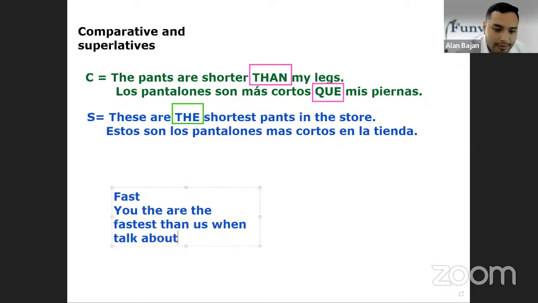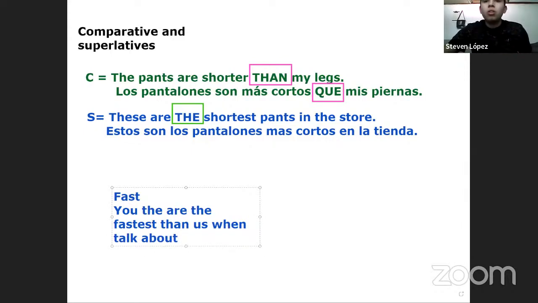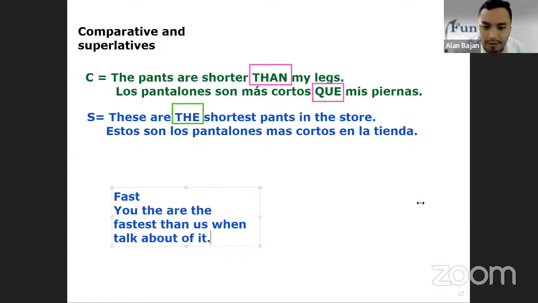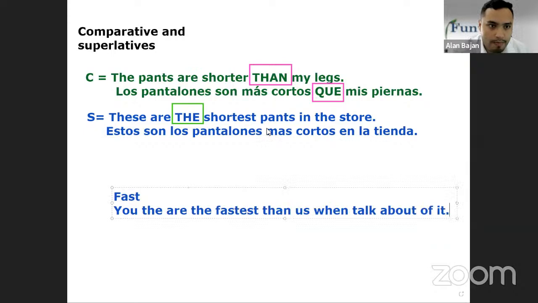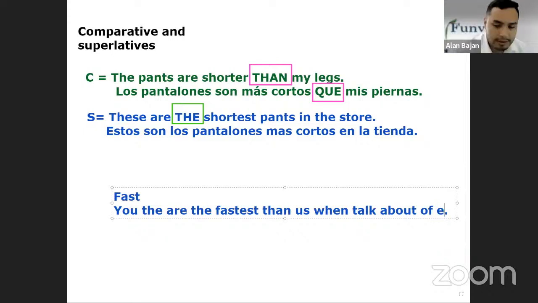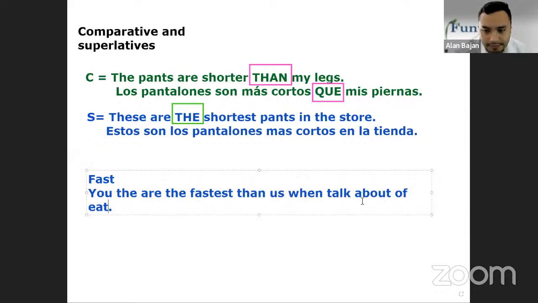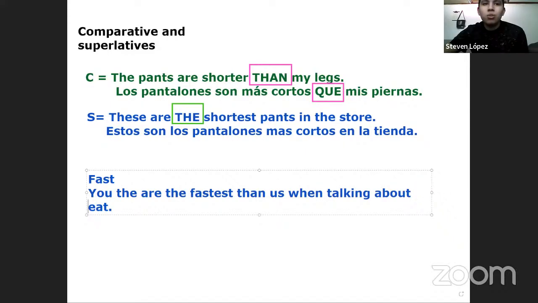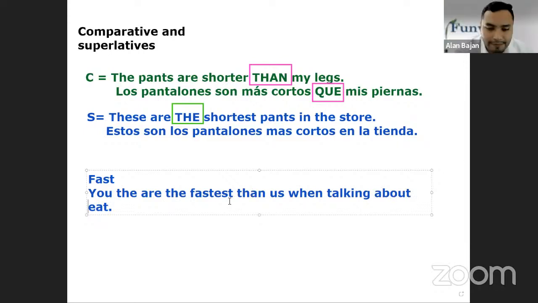When talking about it. Okay. And you are the fastest. You are the fastest. Okay.